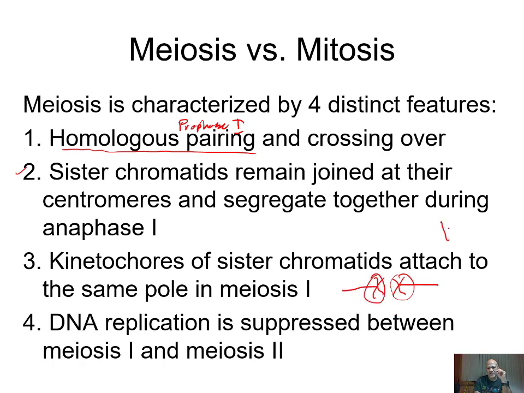That's different because in mitosis, each chromatid attaches to an opposite pole. So this one is key to separating the homologs from each other. And then another key feature is that DNA replication is going to be suppressed. That means once we finish meiosis 1, we're not going to replicate DNA to start the next round of divisions. So that's another big difference there.